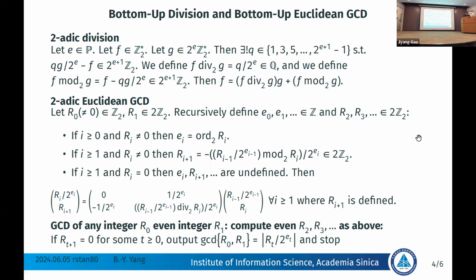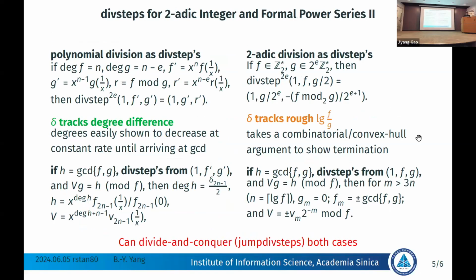Now let R0 be a two-adic integer and R1 be an even one, and let R i plus 1 be the two-adic mod of the odd part of R i minus 1 against R i.